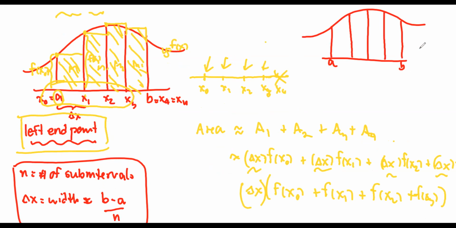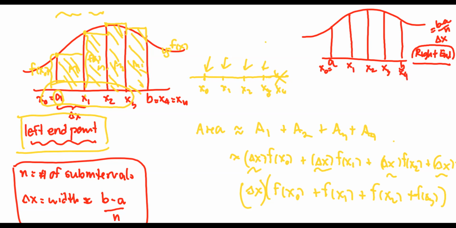But in this case, we look at the right endpoint approximation. How do we handle this? The same way as computing the delta x, which is b minus a divided by n. Okay, this is x0, x1, x2, x3, x4.